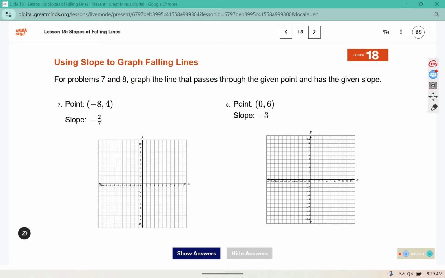For problems 7 and 8, graph the line that passes through the given point and has the given slope. So we're starting at -8, +4. This slope is -2/7, so that tells us to go down 2 and over 7.